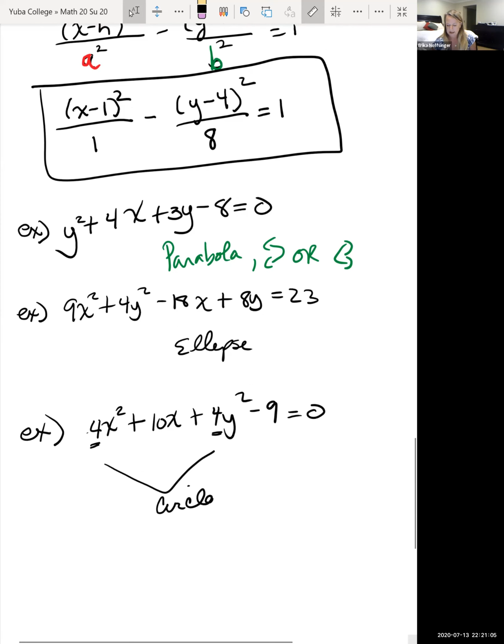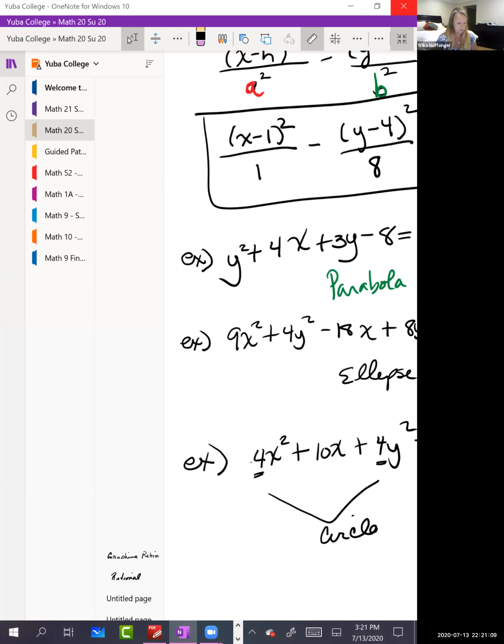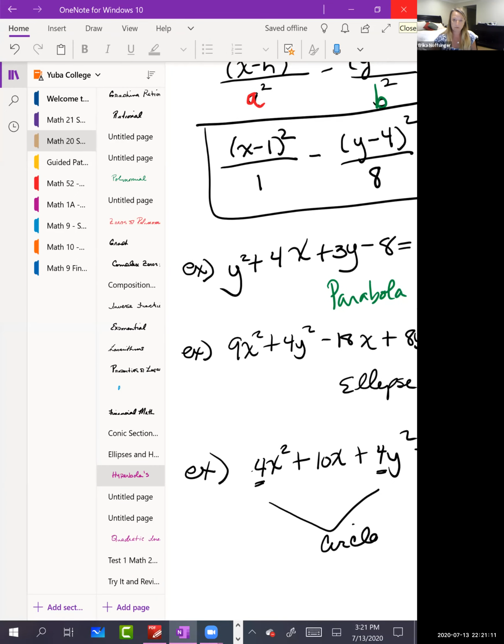So I'm going to tie this in together, and this is where I'm going to jump to a different section. We're pretty much done with chapter 11. That's all we're covering in this book. I want to jump to nonlinear systems because graphing the nonlinear equations can be helpful for solving those systems. There's no right way or wrong way to do these.